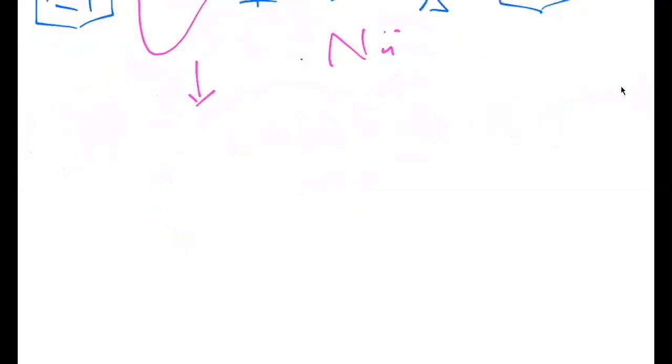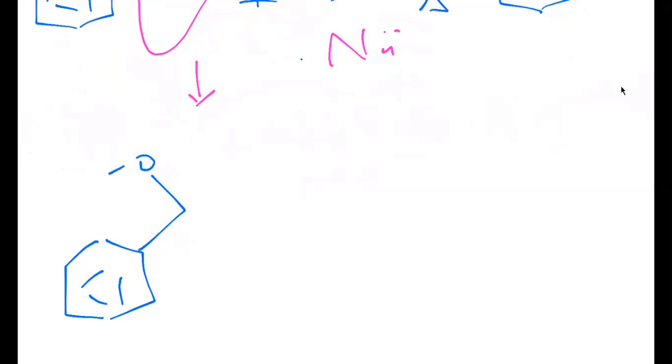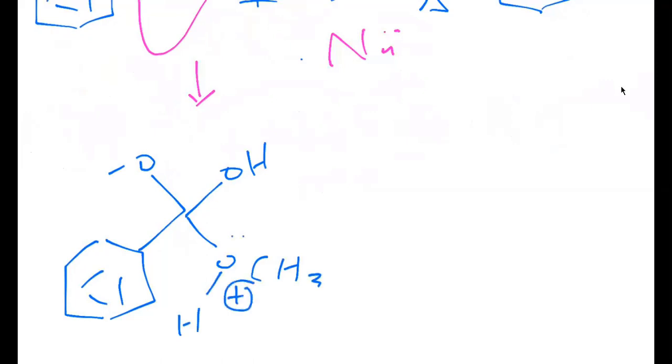So I'm gonna draw that down here. So let me switch back to blue. So here's my intermediate. This part doesn't change. This part is gonna change because now that's O negative, right? And then you have the OH here, and then the OCH3H here. So now that's positive, right? Any questions about that?